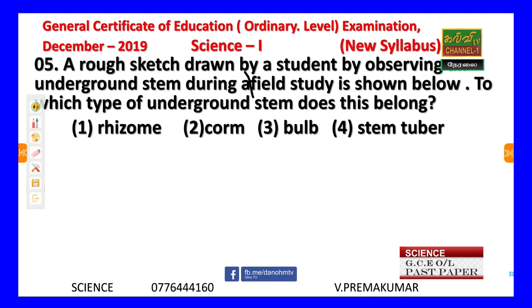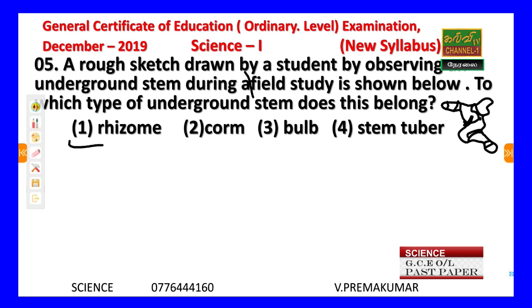So initially they have given a diagram like this, and you can find some marks like this. This is, for example, ginger. So according to that sketch, you have to find out what it is.